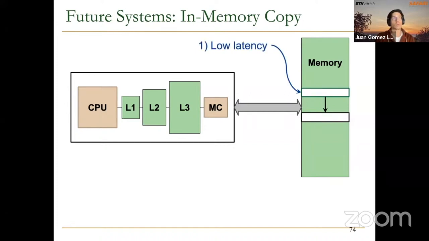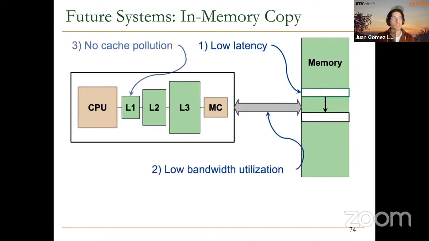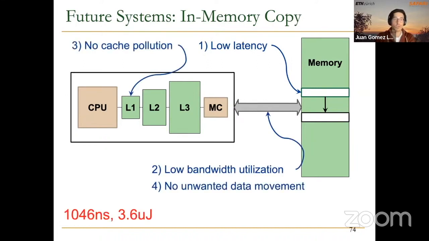And this can be done with low latency, with low external bandwidth utilization, with no cache pollution and no unwanted data movement. And you can compare the execution time and energy of the conventional way of doing copy to the cost of in-memory copy, and you see that we are essentially reducing the latency and the energy consumption by 2 orders of magnitude.